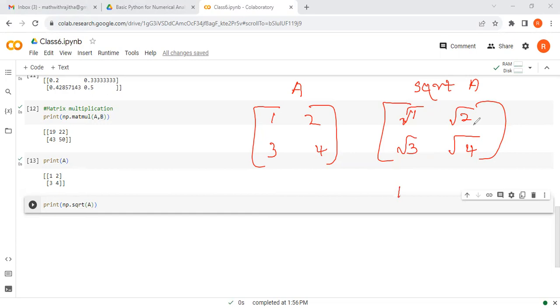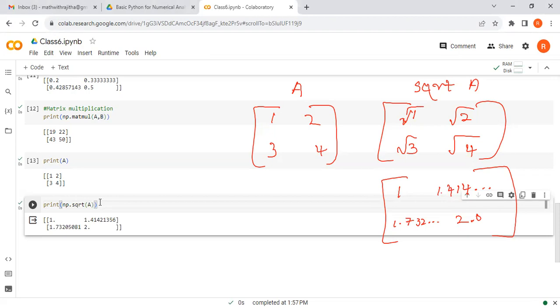Square root of 1 is 1, square root of 2 is 1.414, and so on. Square root of 3 is 1.732, and something. Square root of 4, we know it's 2, 2.0 or 2, whatever. So we should be getting the same ones. 1, 1.41, 1.732, 2. So we'll see. Yes, we are getting that.